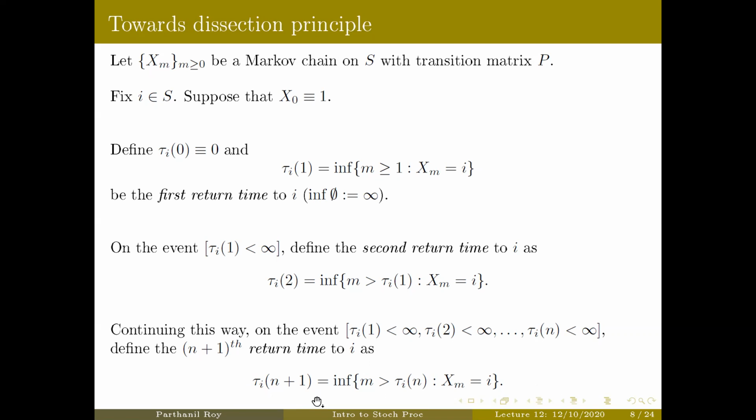Now again, even though these are finite, this can still be infinite, because it may so happen that the Markov chain returns to its initial state only a finite number of times. So this can still be infinite. It's possible.